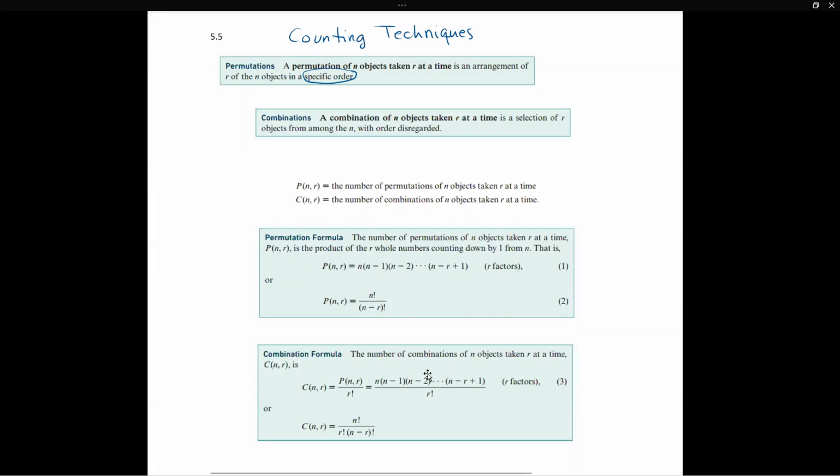When you see the notation PNR, it's the number of permutations of n objects taken R at a time, and for C, it's the number of combinations of n objects taken R at a time.